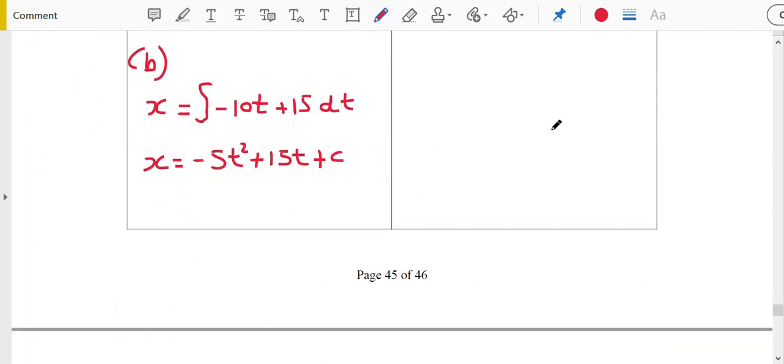So that's our initial condition. Our initial condition is x equals 11.5 meters when the time equals 0, right in the beginning. We can use that to find the value of c. So you'll need to substitute those numbers in. Substituting t equals 0, c will equal 11.5 meters.